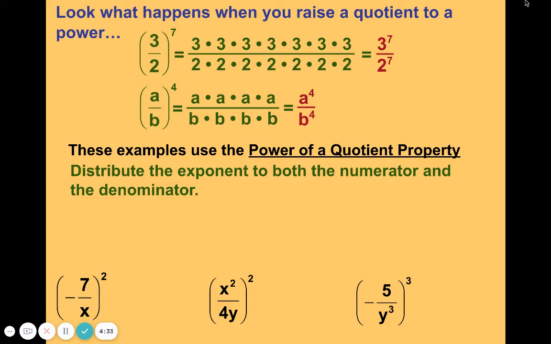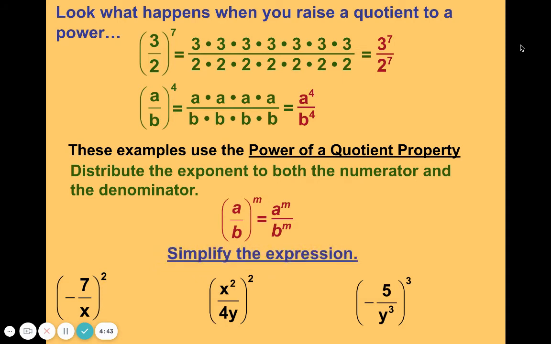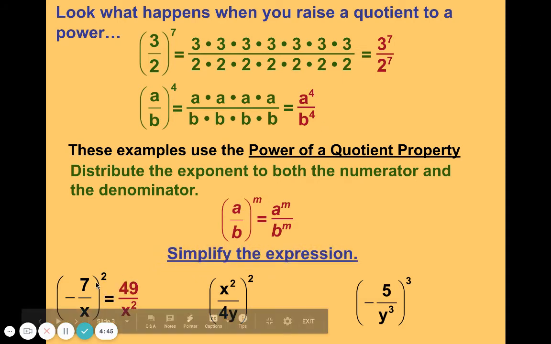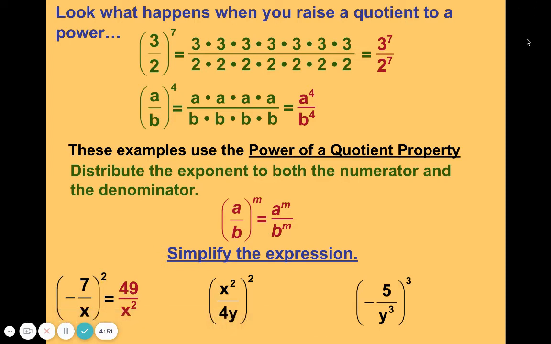But notice in that one, there's a negative in front. Negative squared is positive. So 7 squared is 49. And then distribute that square to the x as well.